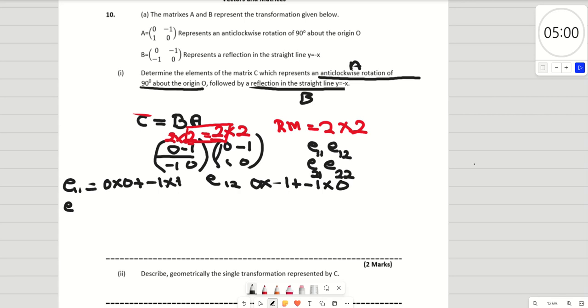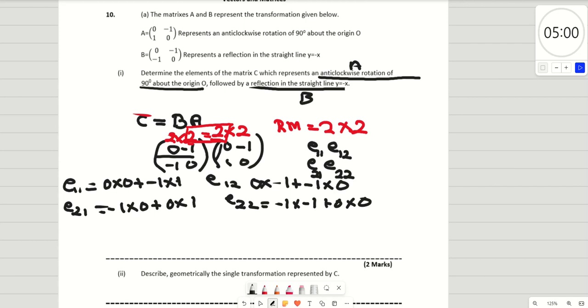And then E21 would be the second row by the first column, so that is negative 1 multiplied by 0 plus 0 multiplied by 1. And then E22 would be your second row by the second column, so it's minus 1 by negative 1 plus 0 multiplied by 0. You can just use a calculator to check it.